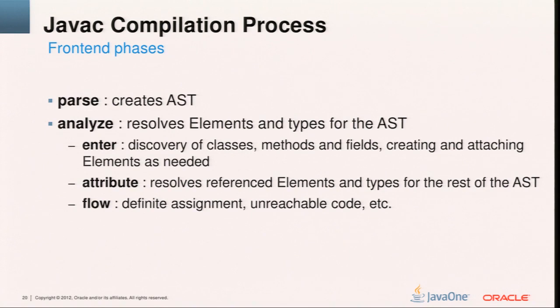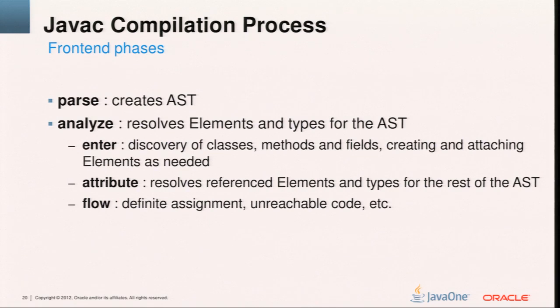The front end part consists of several phases that run one after another, and basically there are two big front end phases. One is parse, which takes the source code as characters and creates the AST for them.